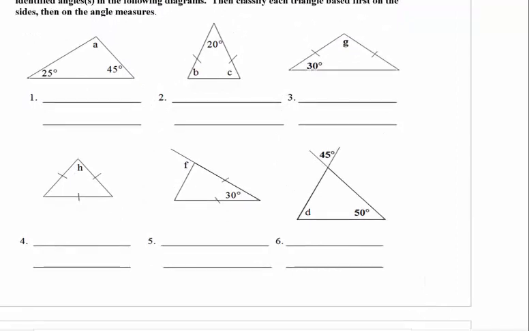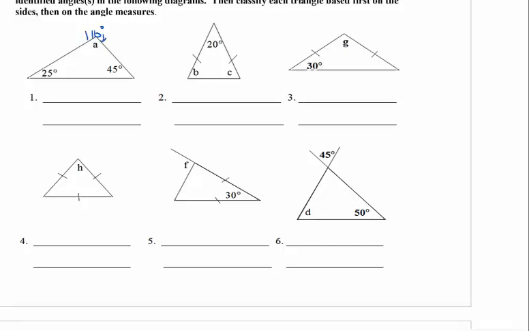We know that the sum is 180 degrees. So by knowing that, we can add 25 and 45, which gives us 70 degrees. Then 180 minus 70 gives me that this interior angle A should be 110. All I used there is that the sum inside is 180.